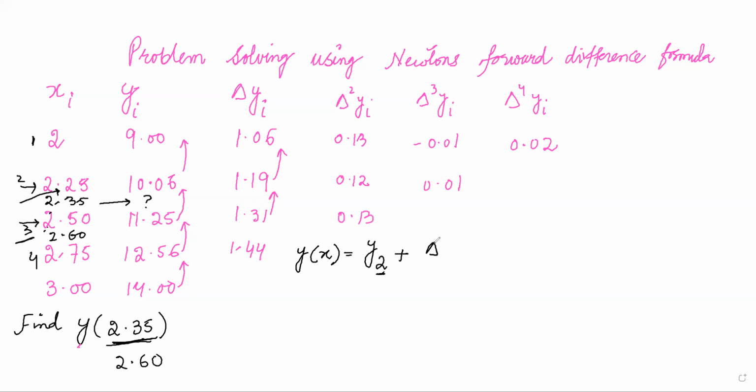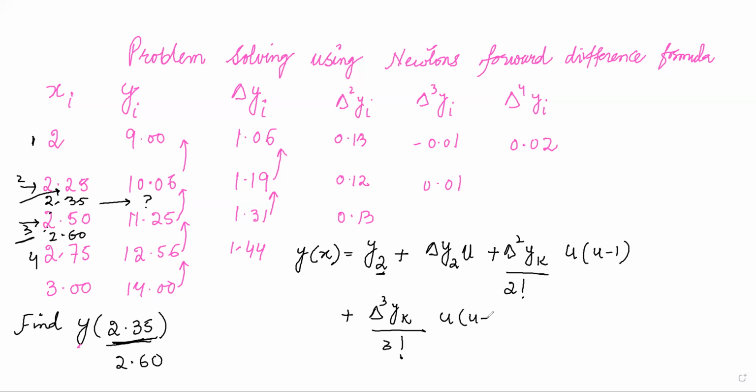Plus delta y2 into u, plus delta square yk divided by 2 factorial into u into u minus 1, plus delta cube yk, or yi we should write, divided by 3 factorial into u into u minus 1 into u minus 2.